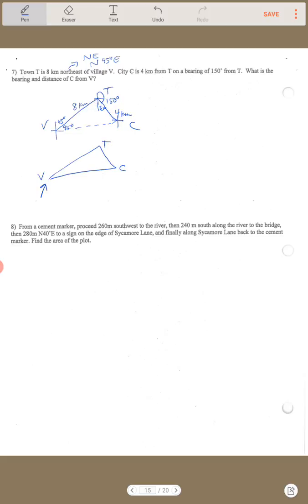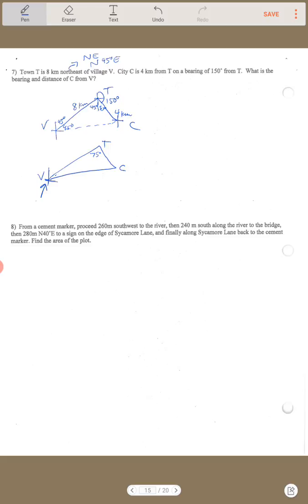Notice here in this triangle, if this was 45 degrees, then based off of alternate interior angles, this is also 45 degrees, meaning that the entire angle here would be 75 degrees. In addition to that, we don't know what this angle is in the very corner. We know that altogether this is going to give us 45 degrees right here, but we don't know what this little angle is here.